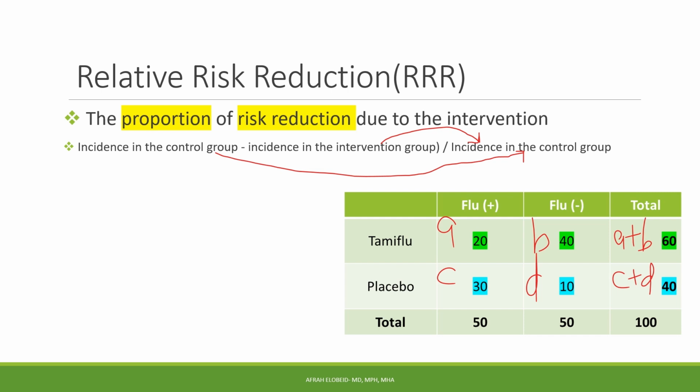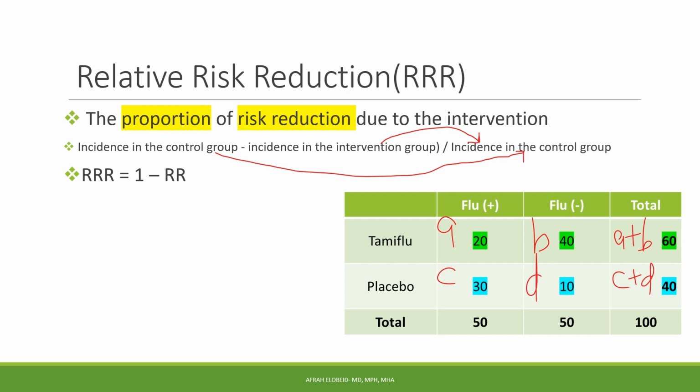So usually, we will not do all of these calculations. There is a shorter equation I'll mention here, but I want to let you know the idea behind that shortcut equation. The shortcut equation is relative risk reduction equals 1 minus the relative risk. Why is that?